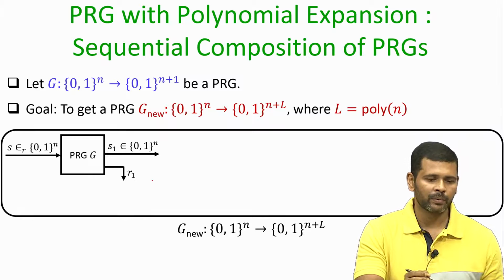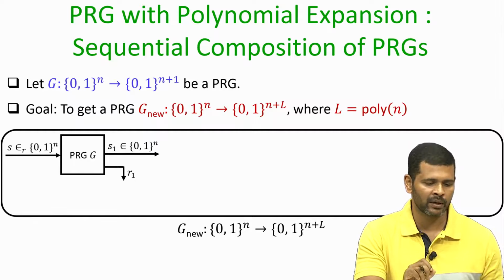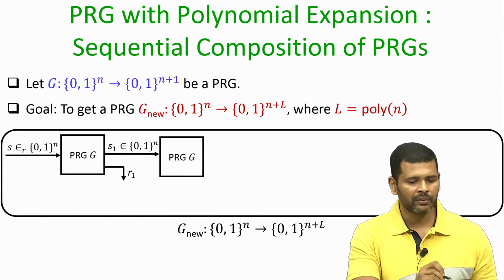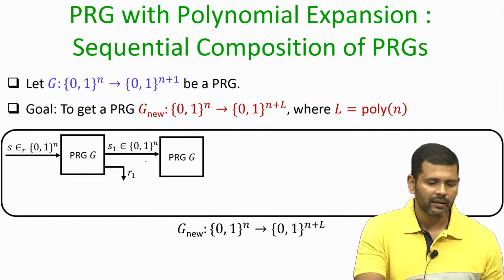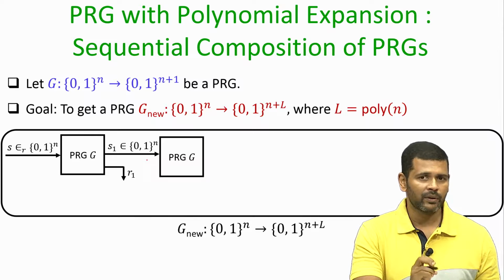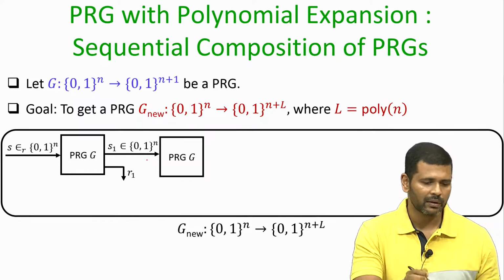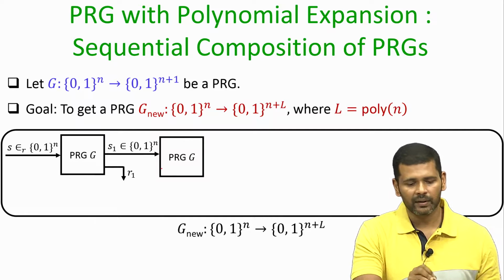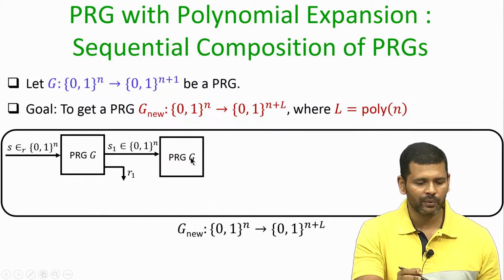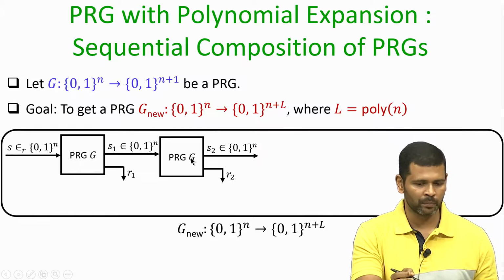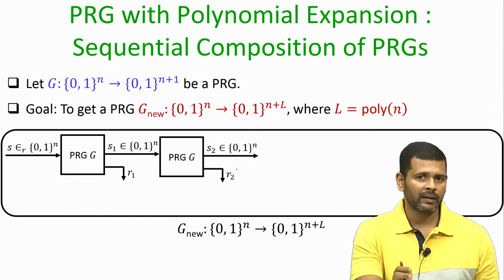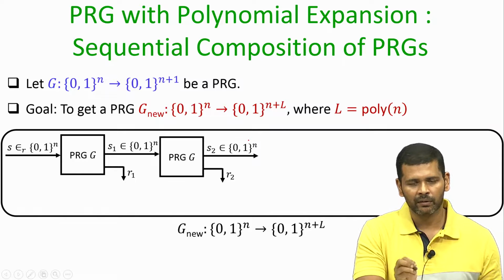So, we parse that output as R1 comma S1, where R1 is a single bit and the remaining n bits are denoted by S1. Now, we invoke another instance of the PRG with seed value S1. Seed value S1 is a string of length n bits, so that fits the semantics of my algorithm G, and I invoke the second invocation of the algorithm G using S1 as seed, which produces an output of size n plus 1 bits, which again is parsed as a bit R2 concatenated with the remaining part, which is a string of length n bits.